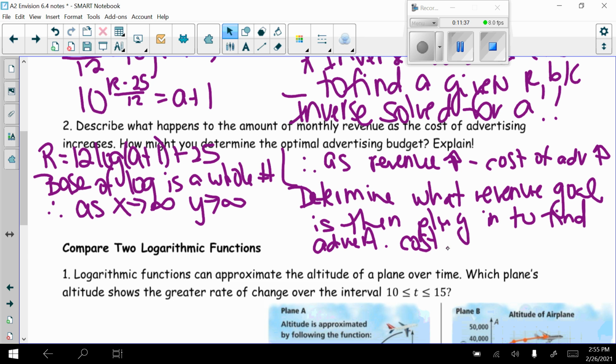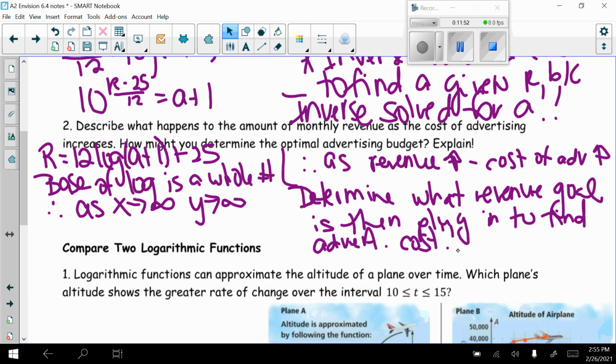So determine what our optimal revenue goal is, and just plug that into the inverse equation to figure out what the advertising budget is.